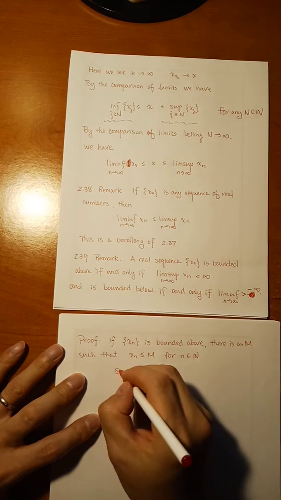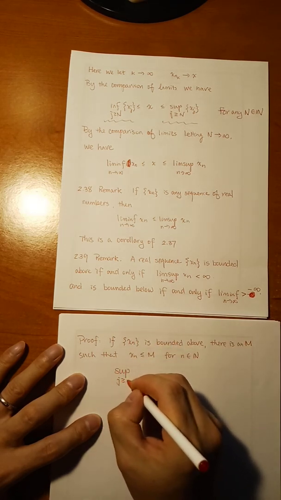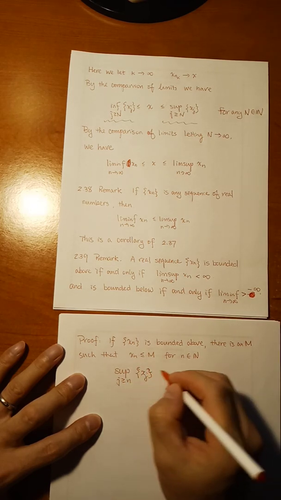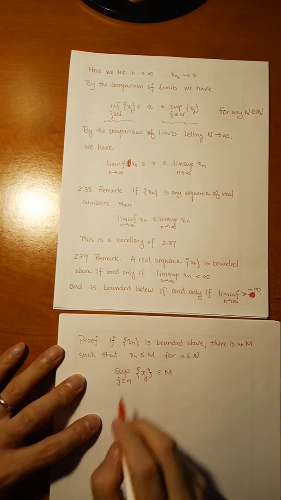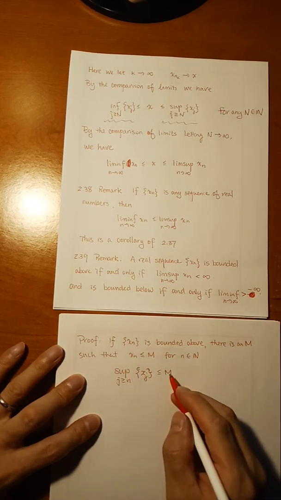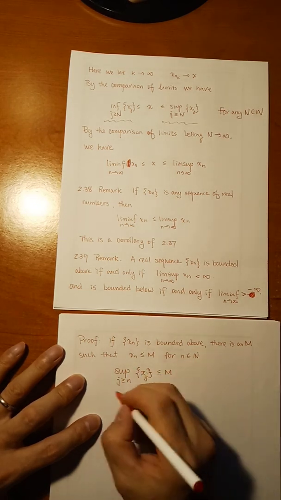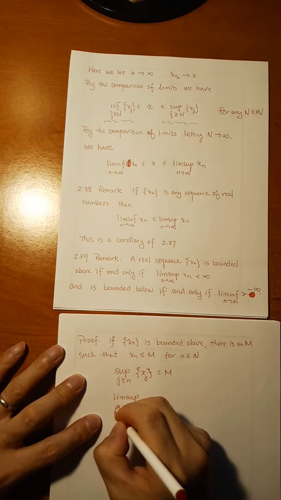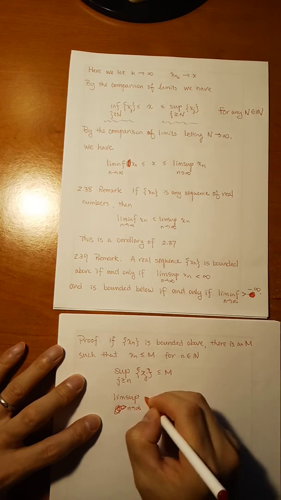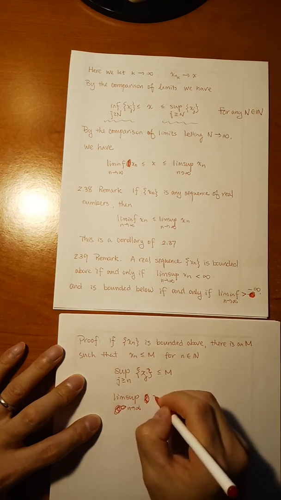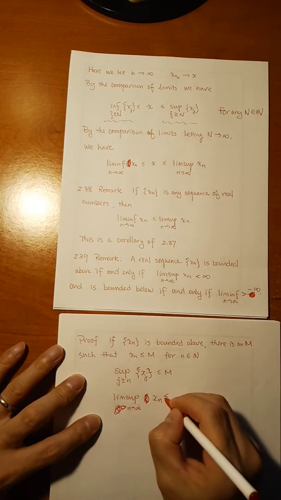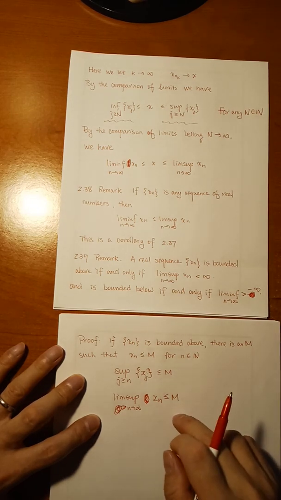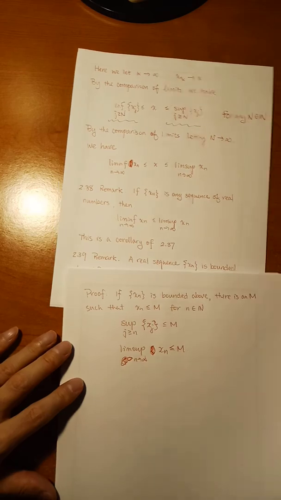And then the supremum over j greater than or equal to n of xj is also less than or equal to M. Even if you take the supremum, it's also less than or equal to M. And then you take the limit as n approaches infinity, the lim sup of xn is going to be less than or equal to M. So it's bounded above. It is a finite number, not infinity.